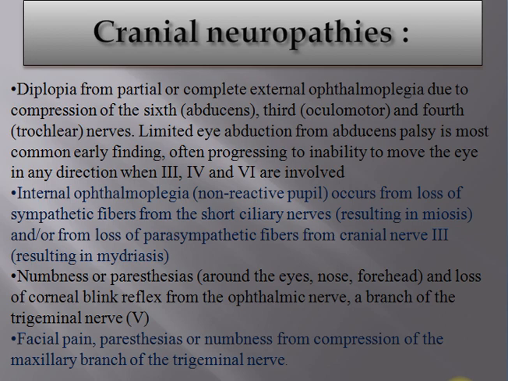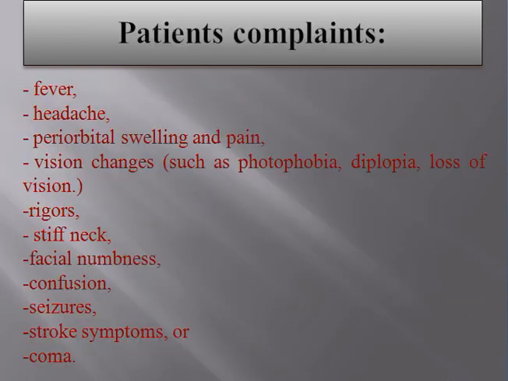Hypopituitarism can occur due to ischemia or the direct spread of infection. Patients with cavernous sinus thrombosis most commonly complain of fever, headache, periorbital swelling and pain, and vision changes such as photophobia, diplopia, and loss of vision.